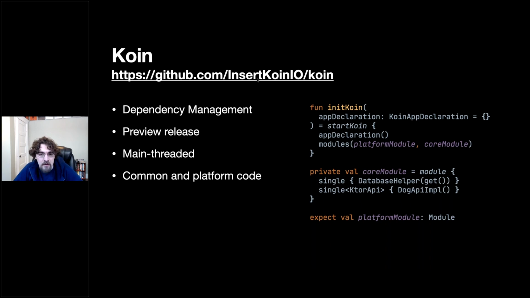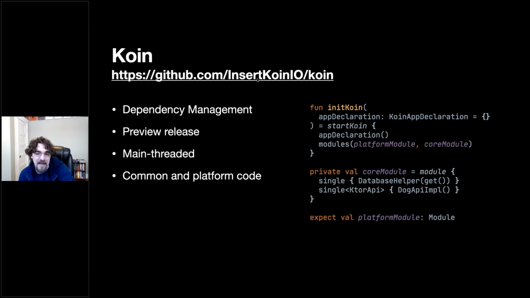Within our usage of it in CampKit, we have a couple different integration points across common and platform code. Within Koin, you can inject dependencies at different levels. So we have the core module, what you see in the middle here, that passes dependencies that only need to be configured from common.